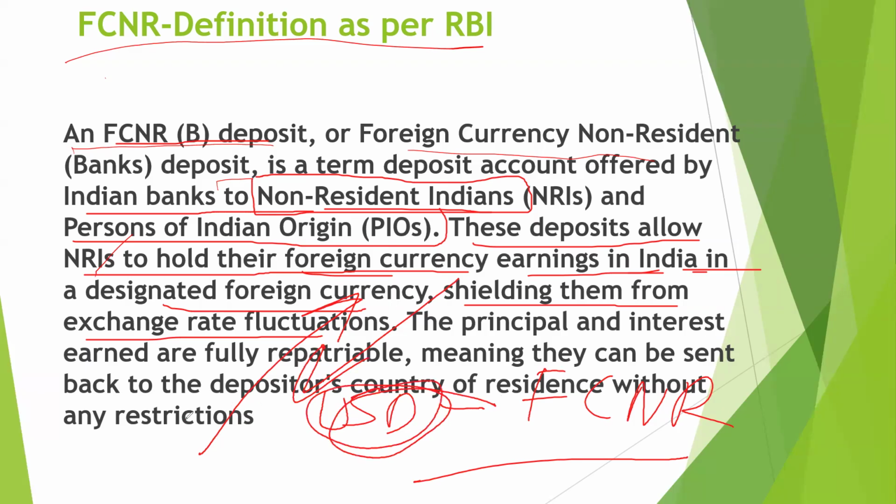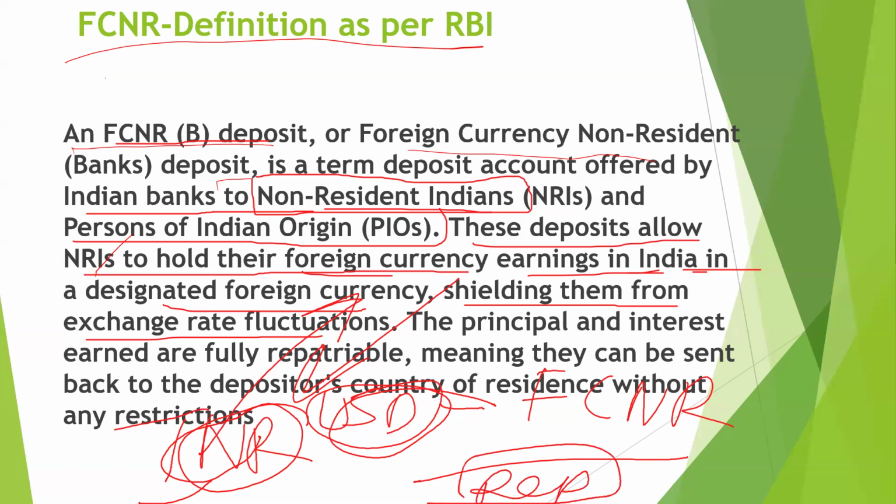Whereas if a US citizen makes a deposit in INR, then when he repatriates the fund, he will have the problem of exchange risk. So they open the FCNR deposit so that all these risks are covered.